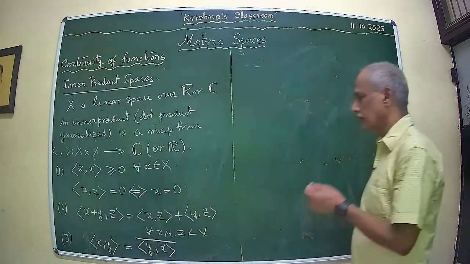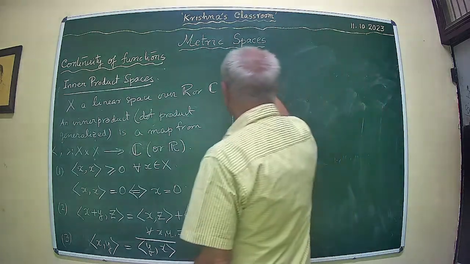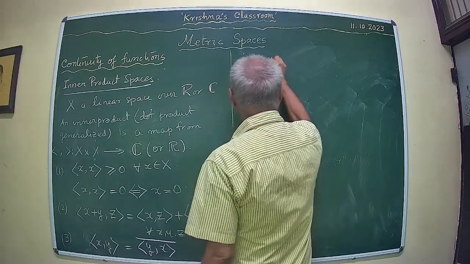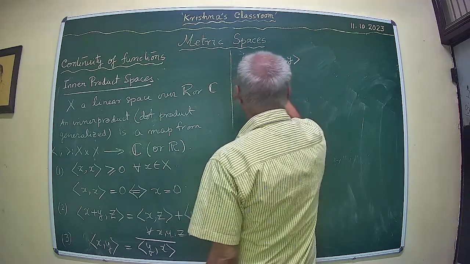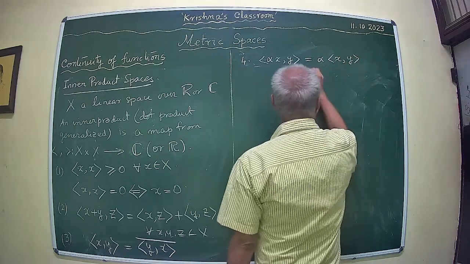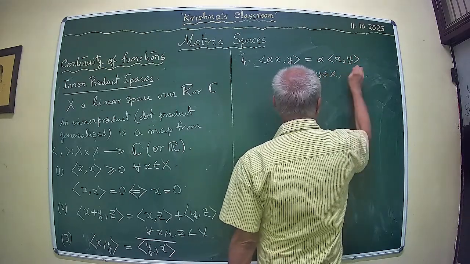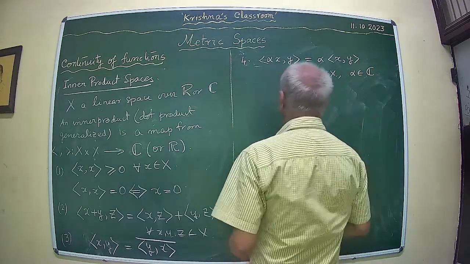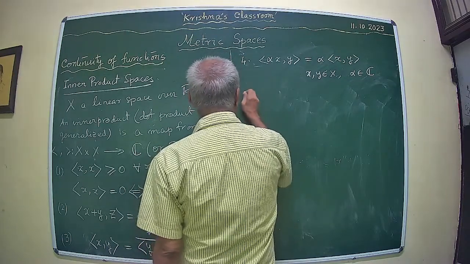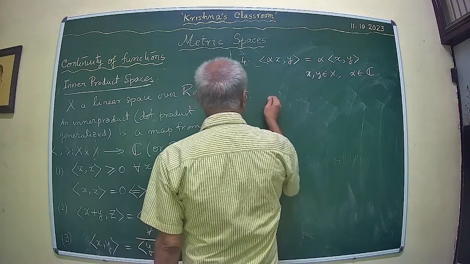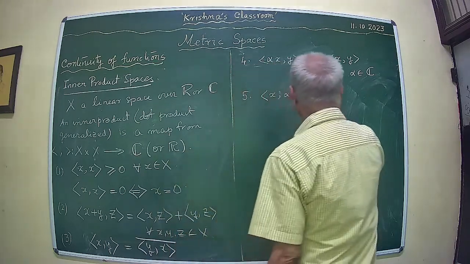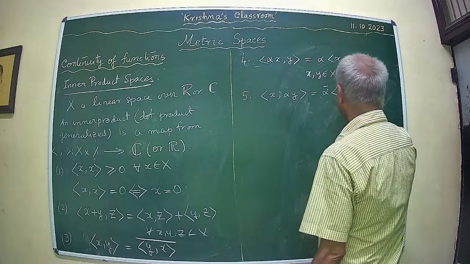Now the fourth property is that (alpha x, y) is in C. And a fifth property, that is (x, alpha y) equal to alpha conjugate (x, y).